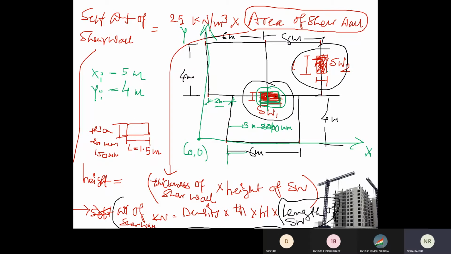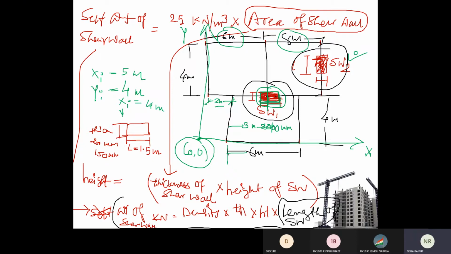Over SW2, what will be the xi distance from the origin? As per these dimensions, 6 meter, 8 meter, and this origin for this SW2, it's 14 meter.